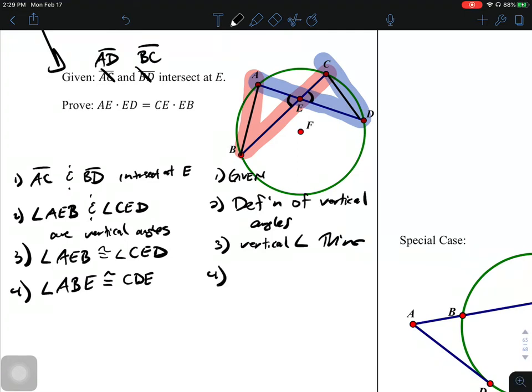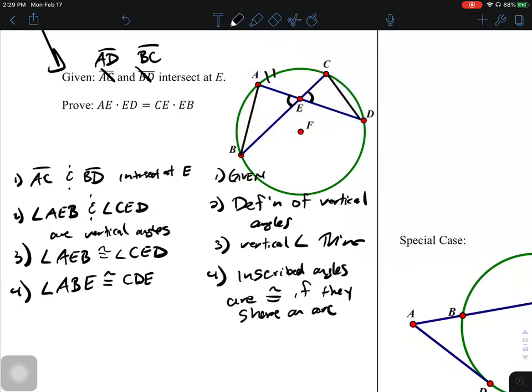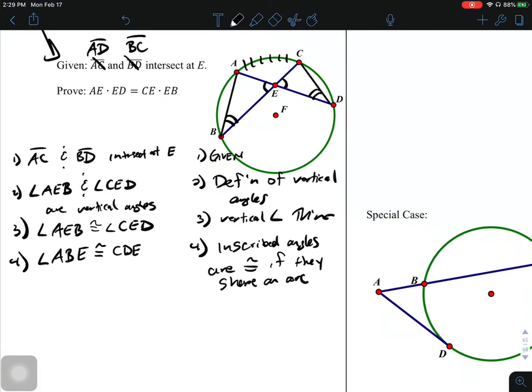This is the theorem that we had in a previous section that doesn't have a name. It basically said that inscribed angles are congruent if they share an arc. So the arc that they share is this arc here, so this angle and this angle have to be the same. All right, we are cooking now.